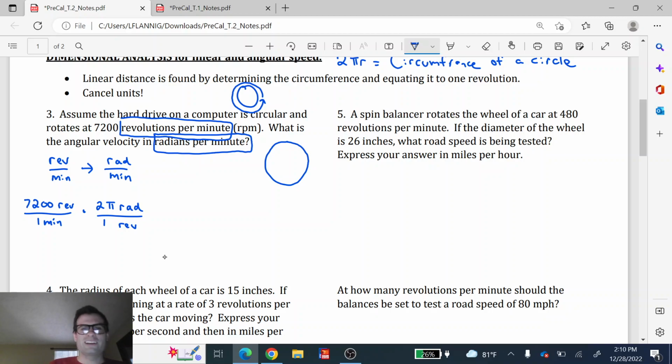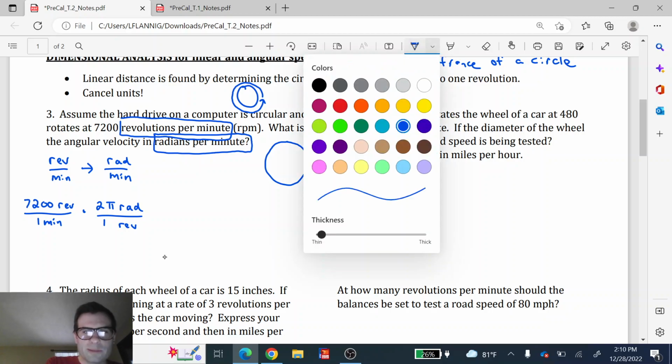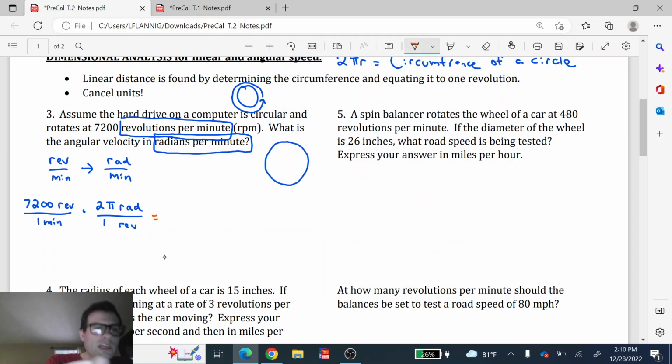What's kind of nice here is that this is really just a one-step problem, because when you multiply these things, you want to cancel out your units. So I have revolutions on the top, revolutions on the bottom. Cancel here, cancel here. Now the only ones I have are radians and minutes, which is exactly what I want. I want radians per minute.